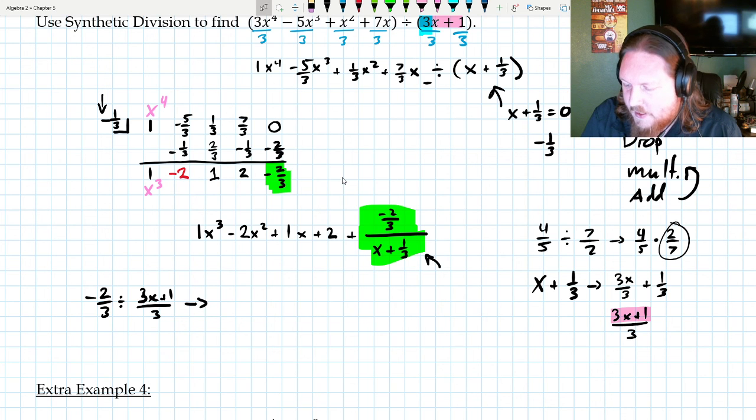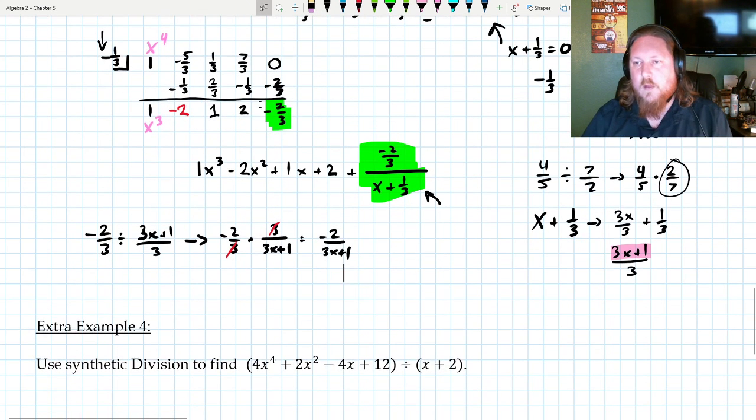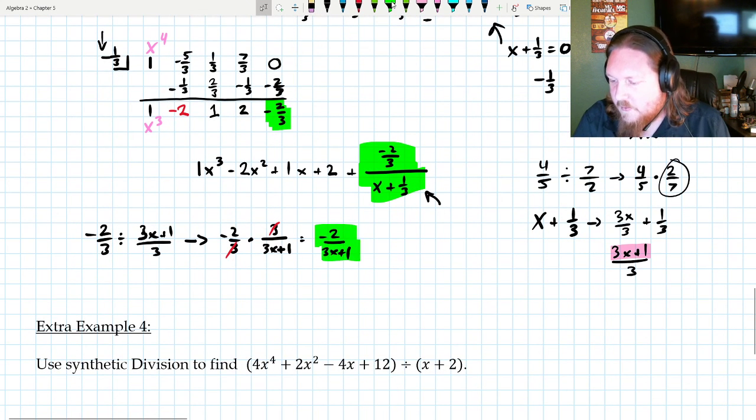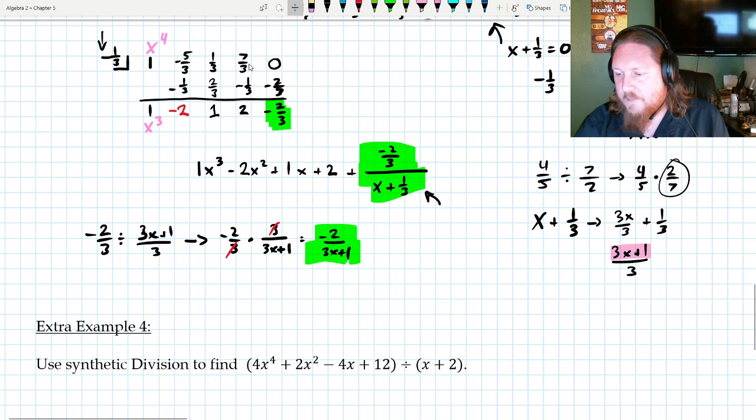And I change that into negative 2/3 times 3 over 3x plus 1. Well, guess what? Those 3's cancel, and all we're left with is negative 2 over 3x plus 1. So these two green spots here are equivalent. That's a little bit of trickiness there to find those things being the same.